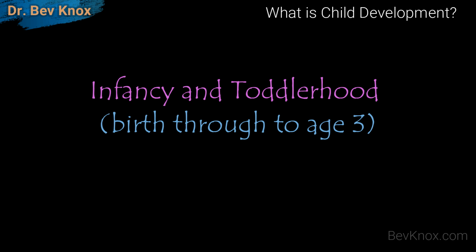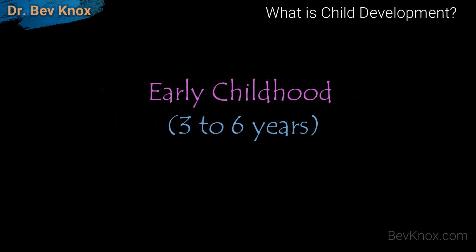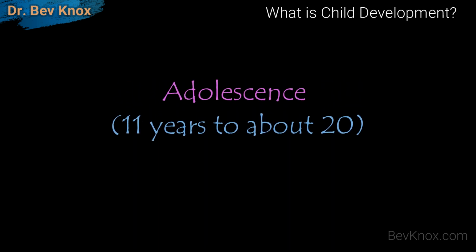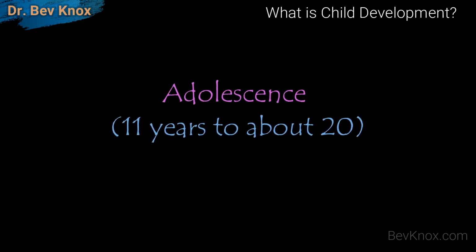Next, infancy and toddlerhood, between birth through age 3. Early childhood, which is from about 3 years old to 6 years old. And the adolescence, which is about 11 years to about 20.